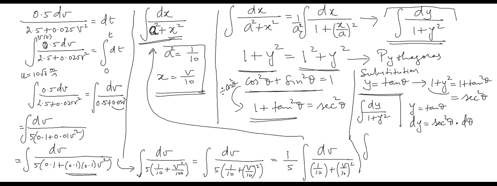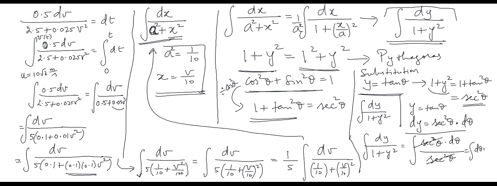Now the integral of dy divided by 1 plus y square will look like the integral of, substituting the dy, secant square theta multiplied by d theta, whole thing divided by 1 plus y square, which is our secant square theta. Do you see that? Yes, sir. Beautifully, this cancels with this one. This is simply the integral of d theta, which is theta, the answer itself.